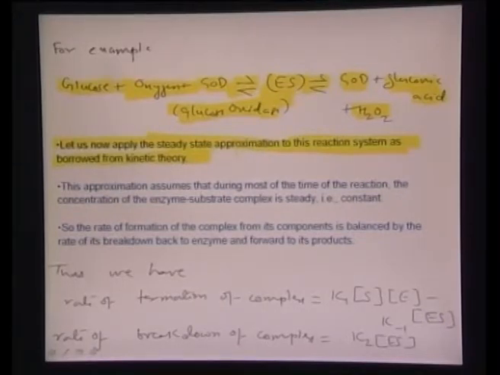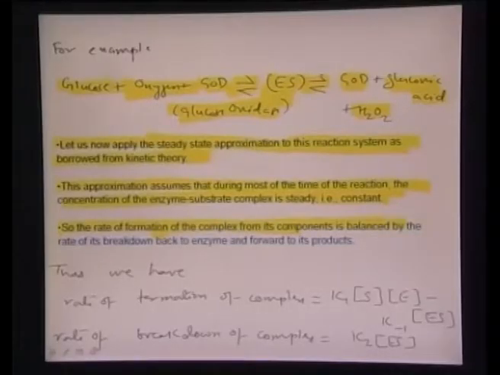So we assume that during most of the time of the reaction the concentration of the enzyme substrate complex is very, very steady, that is constant essentially. That is one approximation that we make here, and from this we can derive the fact that the rate of formation of the complex from its components is balanced by the rate of breakdown. So there is an equilibrium between formation of enzyme substrate and formation of the enzyme product.